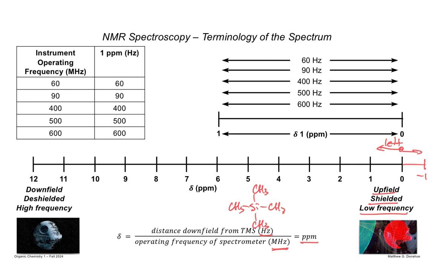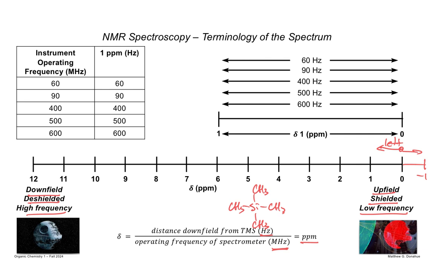And so I have the Death Star being shielded by the force field here. And then if you go towards 12, that's called downfield. That's deshielded, and it's higher frequency. All that means is the nuclei feel the external magnetic field more.